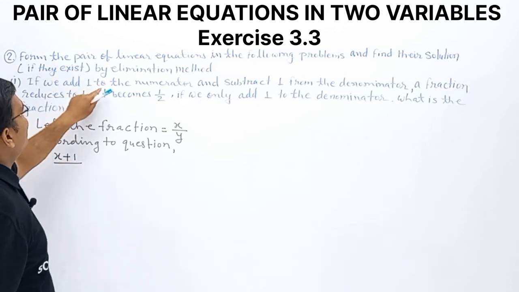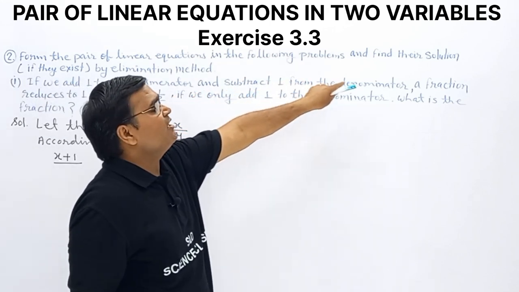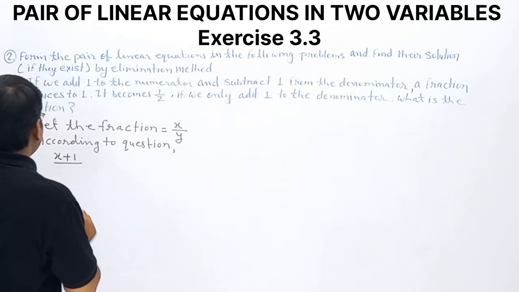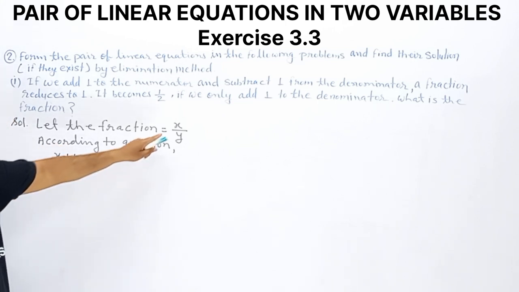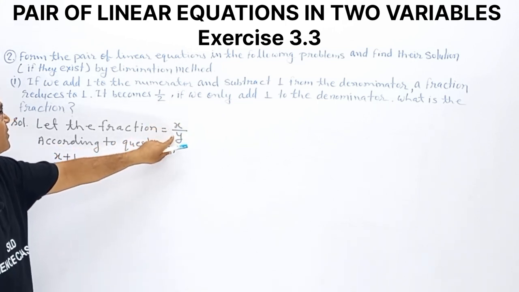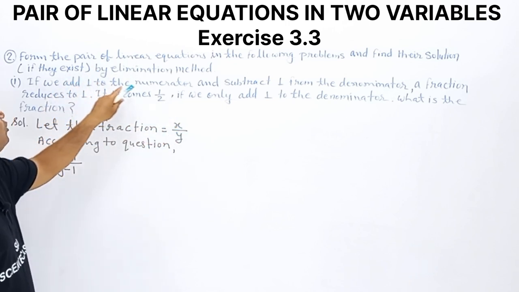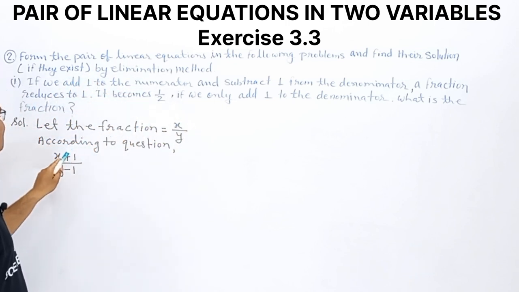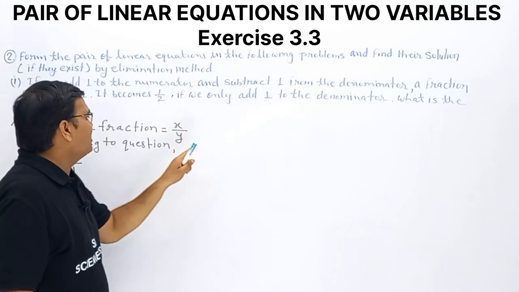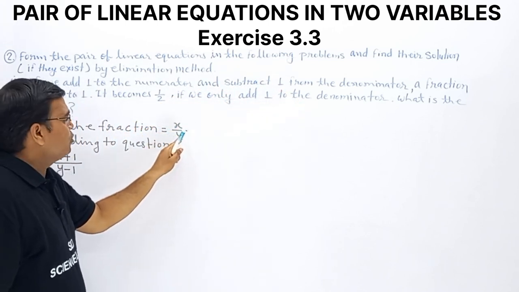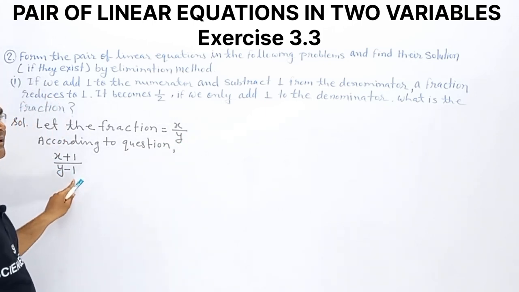If we add 1 to the numerator and subtract 1 from the denominator, what fraction are we having? x upon y. As per this condition, we add 1 to the numerator, it means x plus 1, and subtract 1 from the denominator. The denominator is y, so we subtract 1, y minus 1.